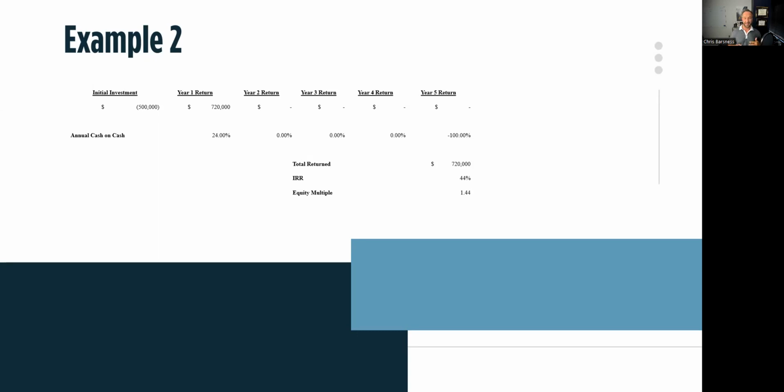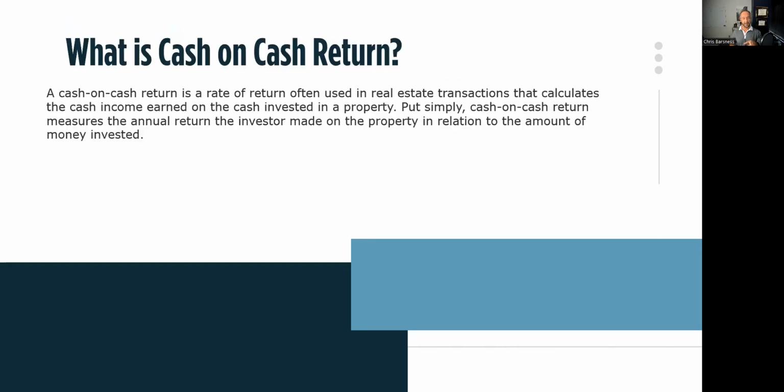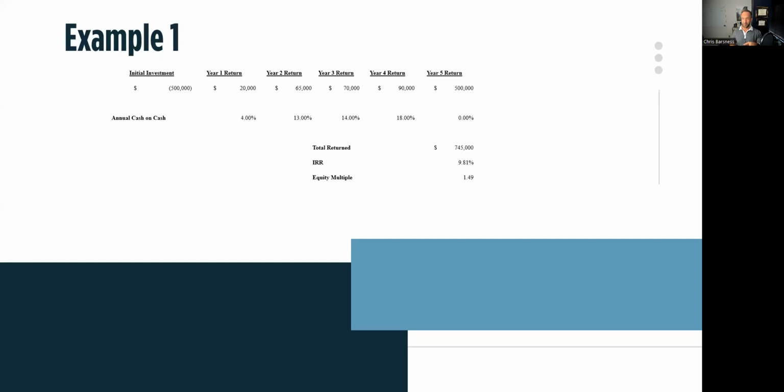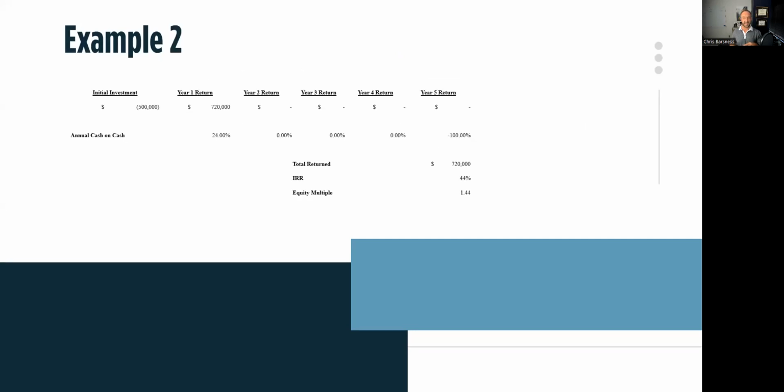The IRR in this one is 44% because you got your money back so quickly. You got about the same amount of money back, and look at the equity multiple, 1.49 versus 1.44. So it's almost the exact same equity multiple, same amount of cash going in and almost the same amount coming back, but the IRR is dramatically higher in example 2 because you got your money back quicker.